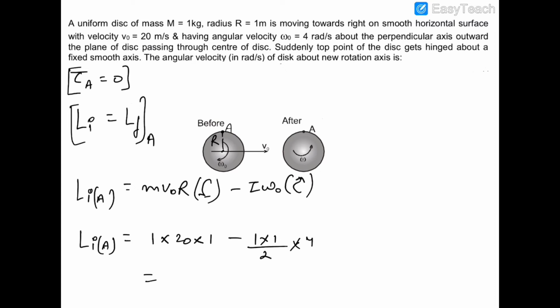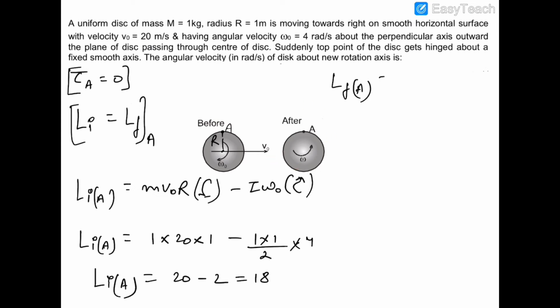The negative sign indicates that the translational angular momentum is in anti-clockwise sense, while the rotational angular momentum is in clockwise sense. So this is 20 minus 2, which is equal to 18. So the initial angular momentum about point A is equal to 18. Now when A is hinged, the final angular momentum about A would be in anti-clockwise sense.